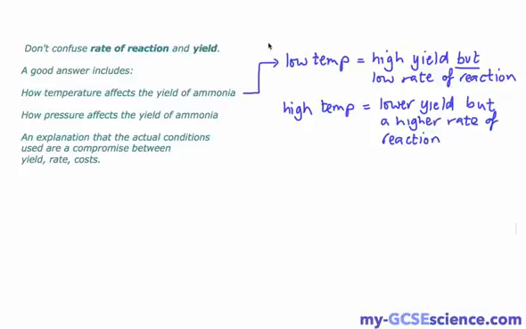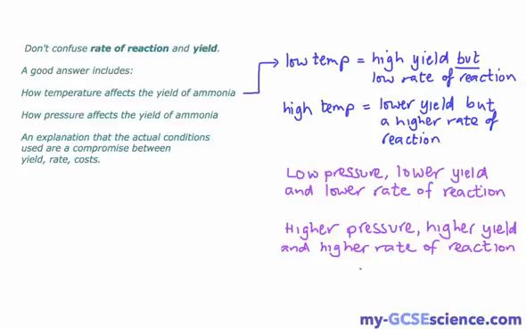The second thing you should talk about is how pressure affects the yield of ammonia, and for that one we have a low pressure which gives us a lower yield and a lower rate of reaction, but a higher pressure gives us a higher yield and a higher rate of reaction.